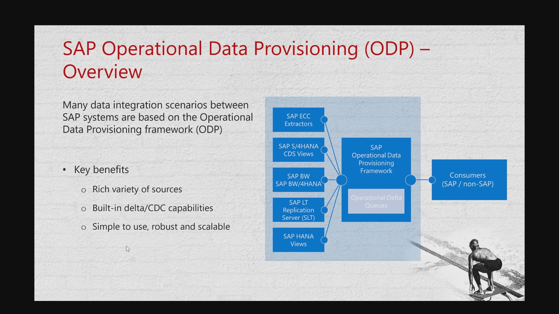And finally, the ODP framework provides a very simple to use, robust and scalable way of consuming the data. Simplicity, for example, comes from the fact that if you look at the variety of sources here with a lot of different characteristics in the details, they are all exposed to you via one unified API and in one unified way.